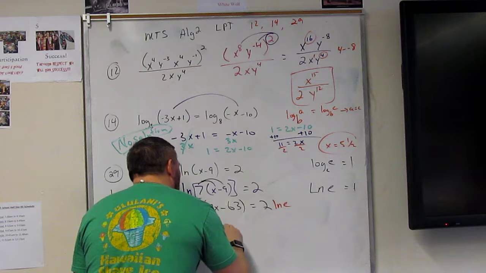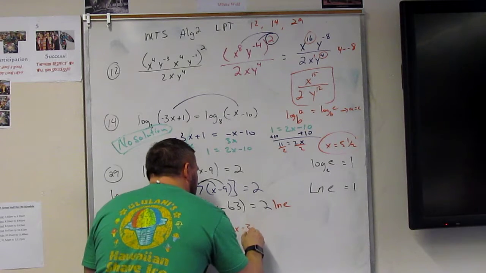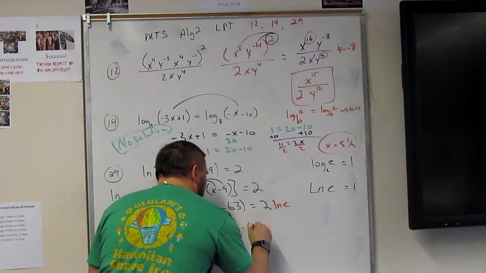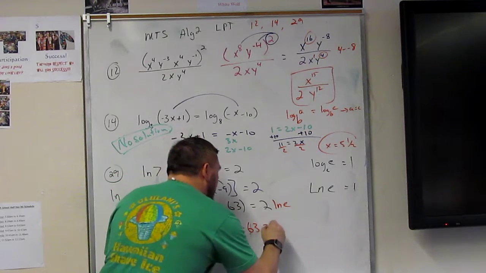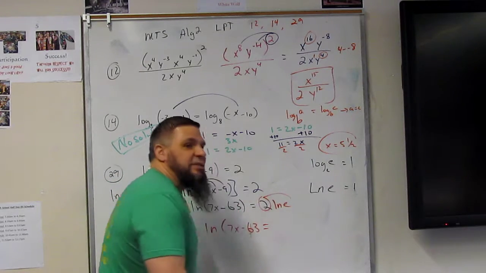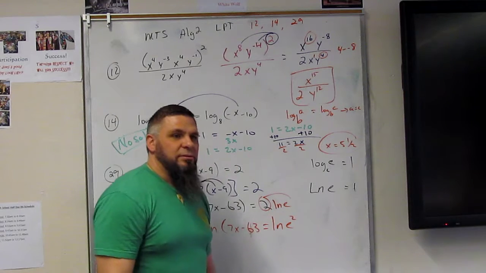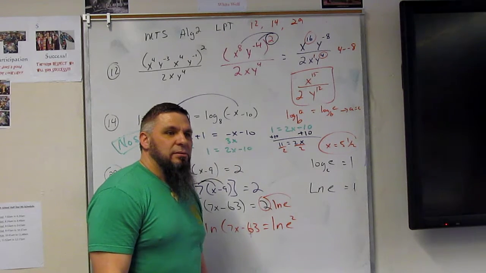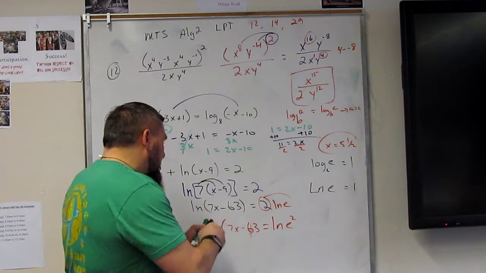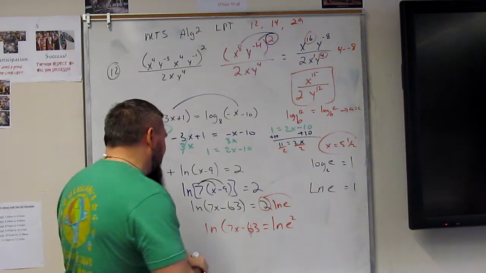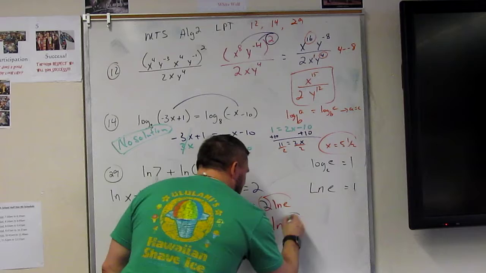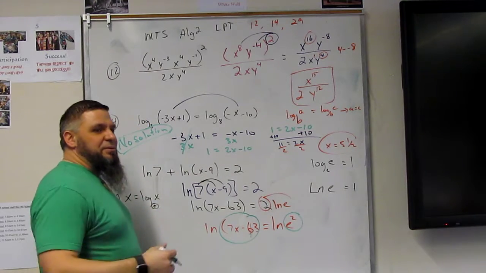So this is ln of 7x minus 63 equals, and now put this on the top, ln of e squared, right? You still get the same thing. So now this is equal to this. I get rid of the logarithms.